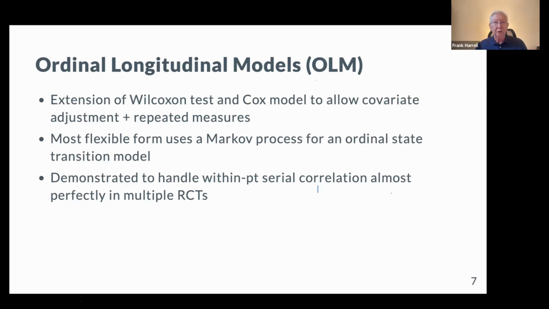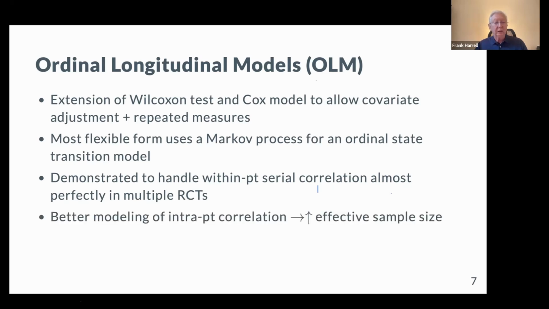So you just need to use a lag one, or previous visit status, to predict your outcome on the current visit. By modeling the intrapatient correlation better, you increase the effective sample size.